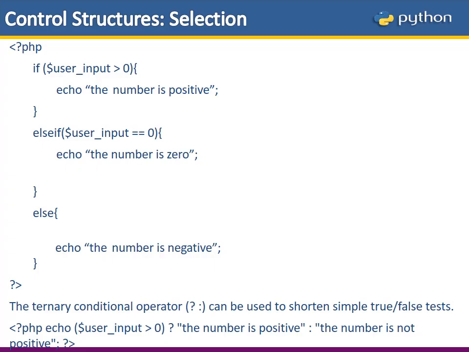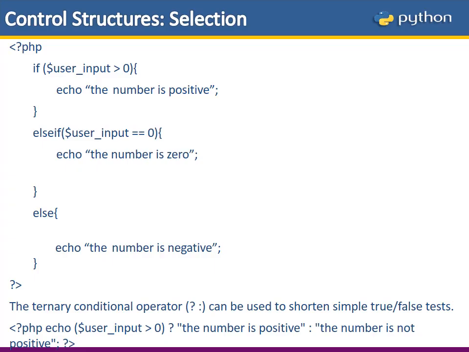And else, if the two conditional statements are not true, else generate the output, echo the number is negative, and you close the bracket.